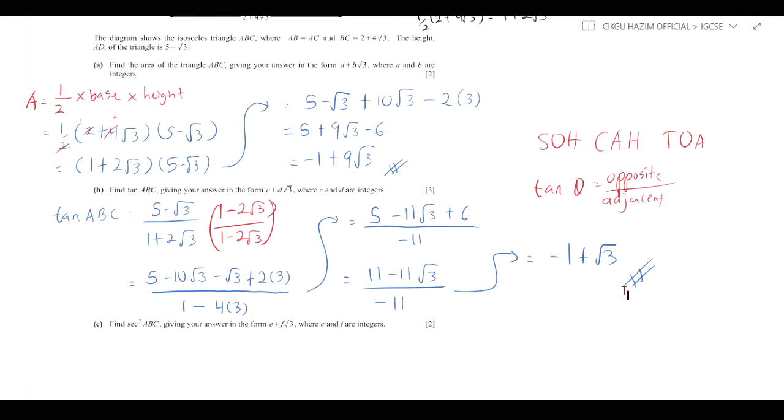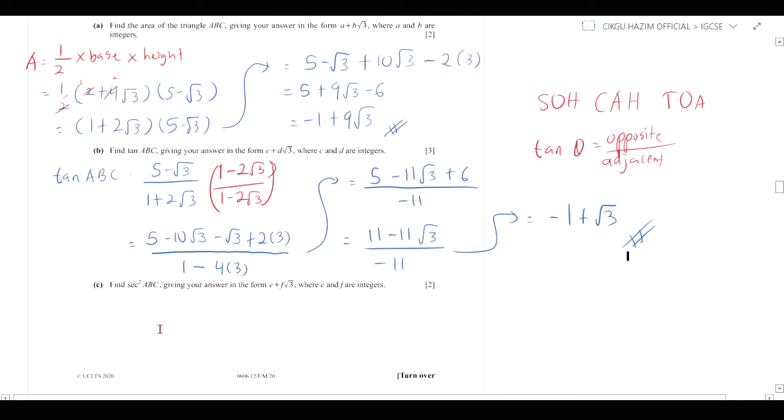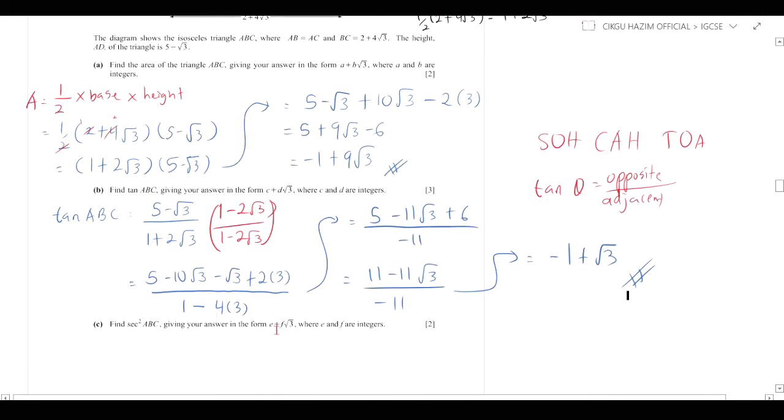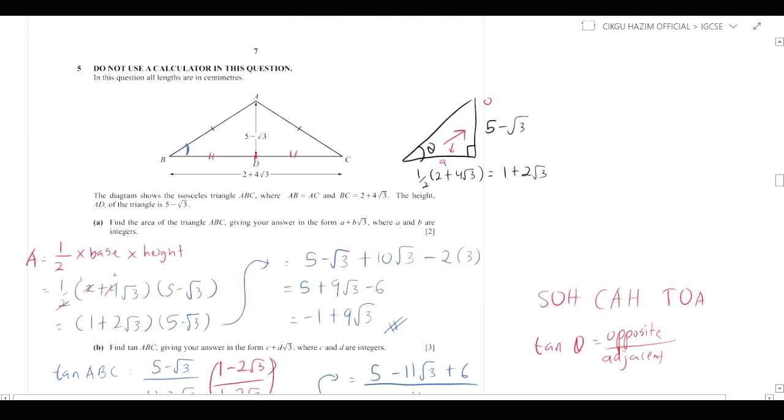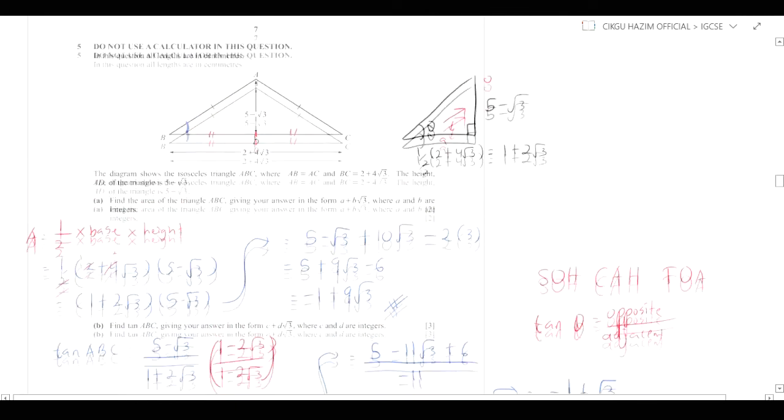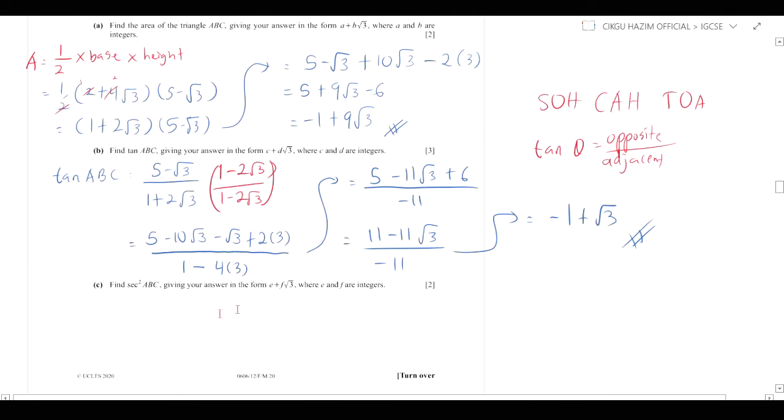For question number C here, write secant square ABC. Secant square ABC is the same as secant square ABC, where the angle ABC is the same as the one that we calculated just now. Okay, that angle, and give in the form E plus F root 3. How to find the secant square here?